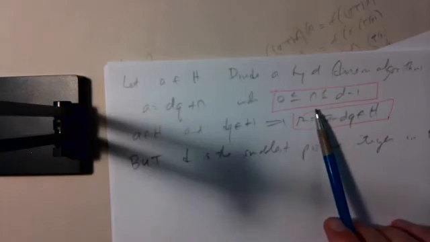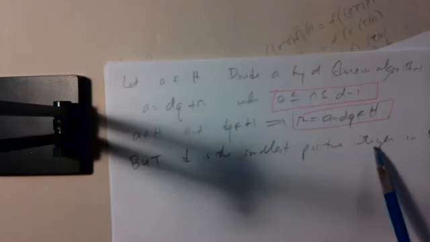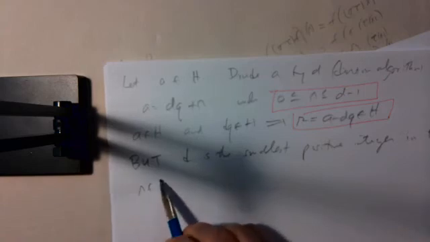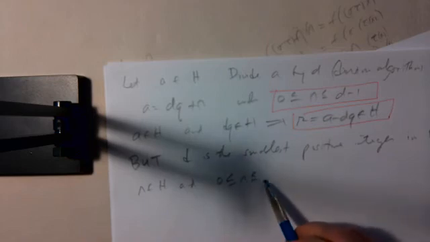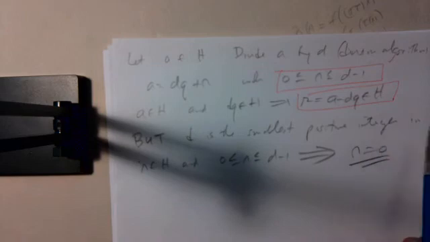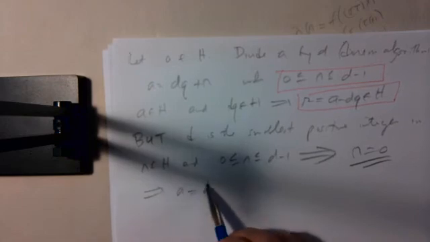But R is smaller than D, and D is the smallest positive integer in H, so R cannot be positive. So R in H and 0 less than or equal to R less than or equal to D minus 1 implies R has to be 0. If R were positive, it would be a smaller element in H than D. And if R is 0, A is DQ.